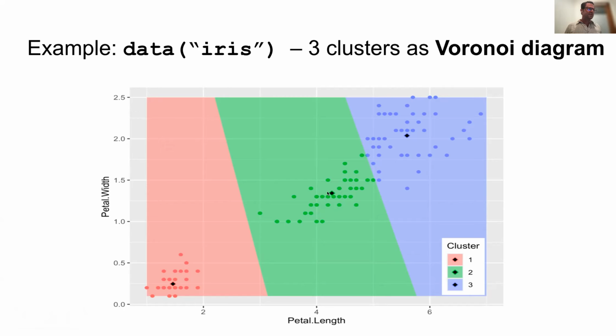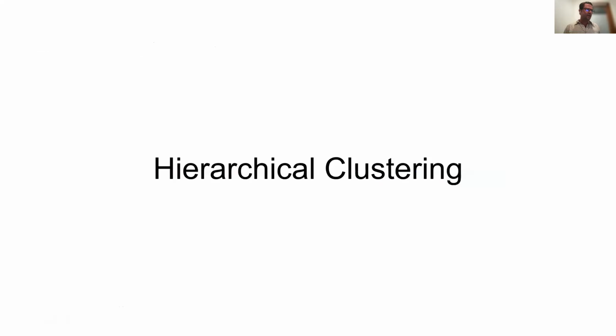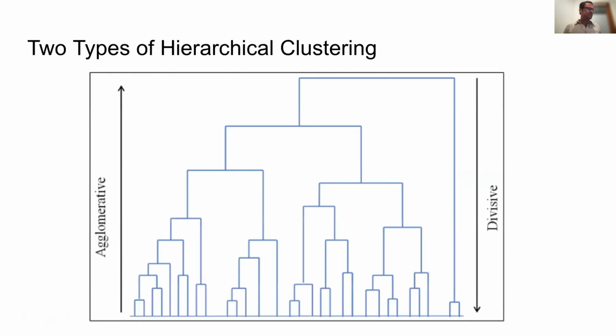So there are other ways of getting clusters, and that's hierarchical clustering. There are two types of hierarchical clustering.